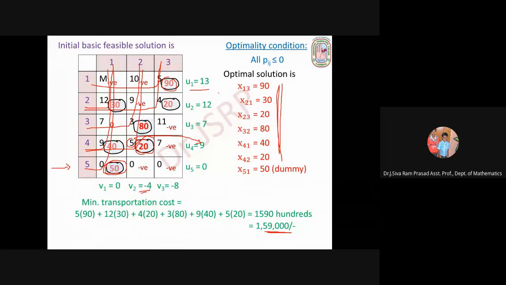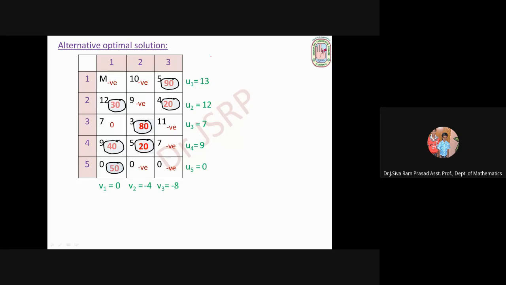Similarly here, in the transportation problem, the condition for multiple optimal solutions is that for one of the non-basic variables, its penalty Pij is 0. In that case, that non-basic cell is taken as the entering basic cell. Okay, next, alternative optimal solution. So this is the previous table. Observe the non-basic cells.